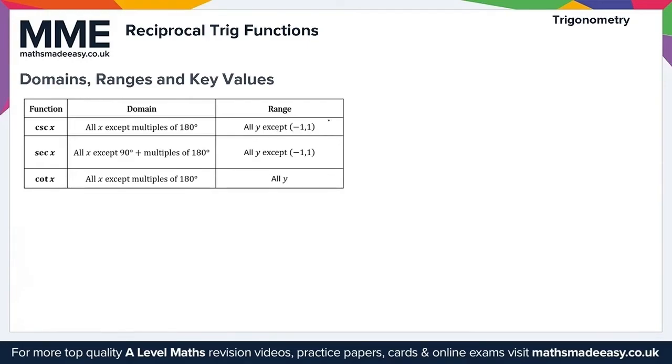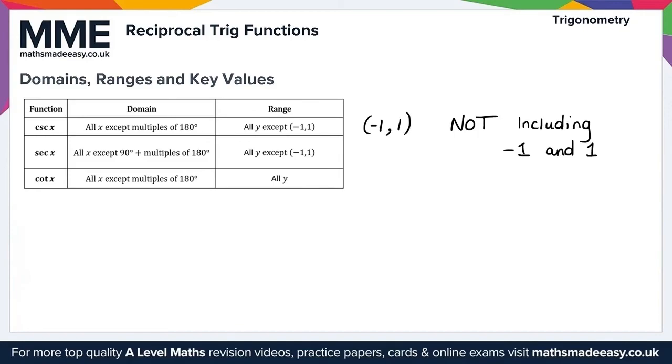And just in case you're not familiar with this notation here, this -1, 1 here, with these brackets, means the value is between, but not including -1 and 1. So just be very careful with that. But that means not including -1 and 1, but the value is between.